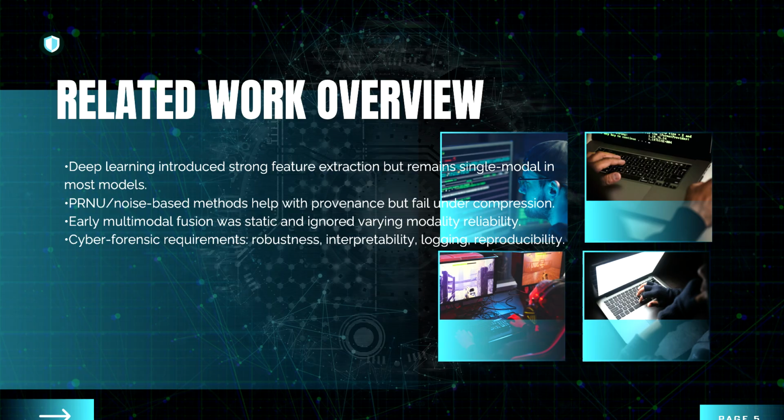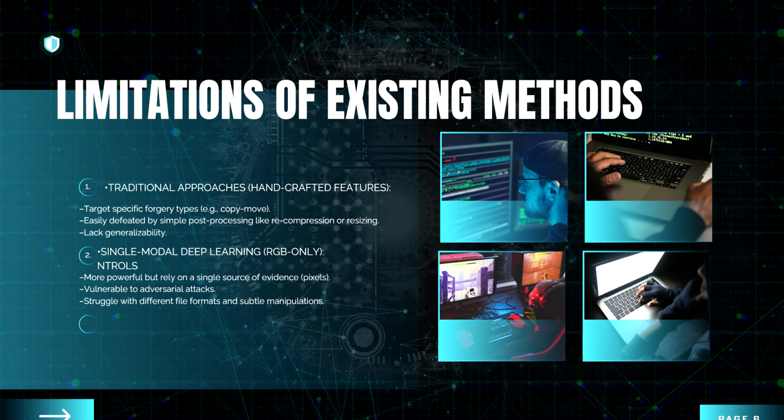The traditional methods were recompressing and resizing the images. Therefore they lacked compatibility and were not able to be produced as evidence in court as well. Single model approaches used only one kind of method as a source of evidence and were vulnerable to different types of attacks.